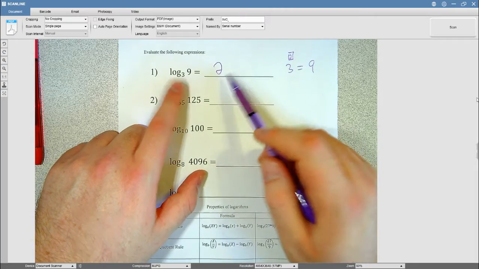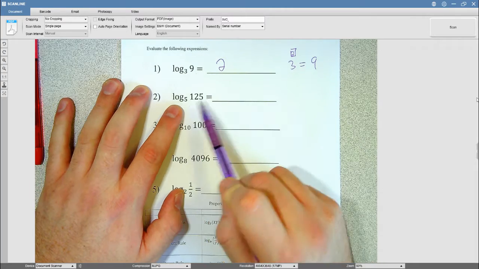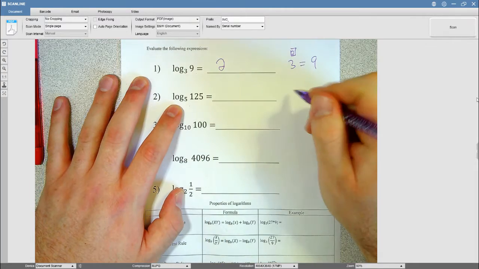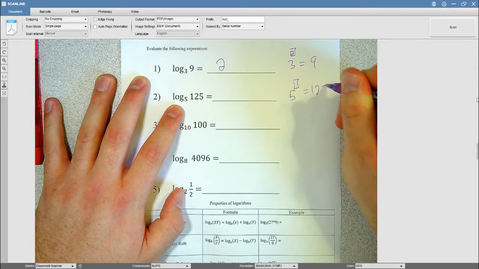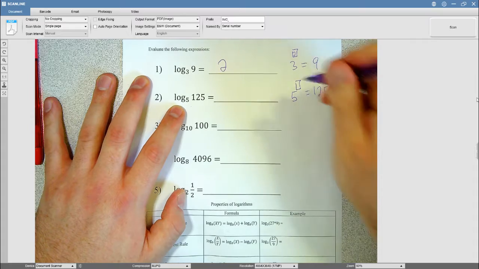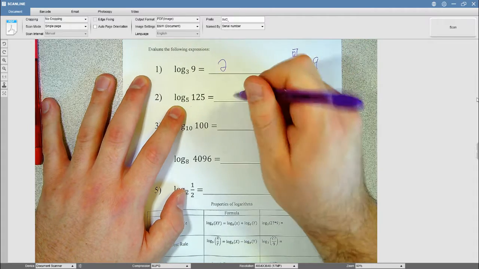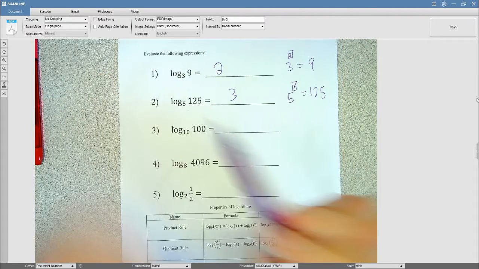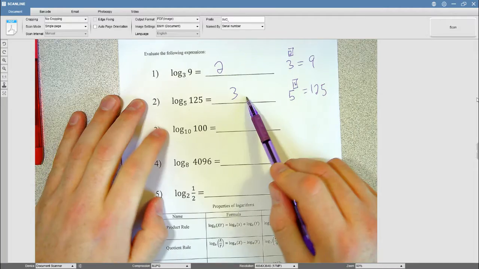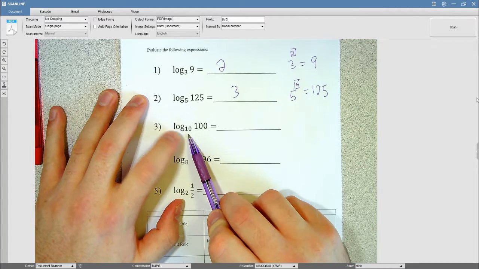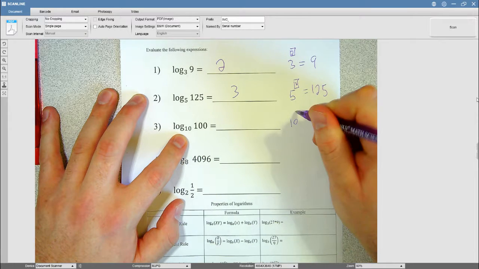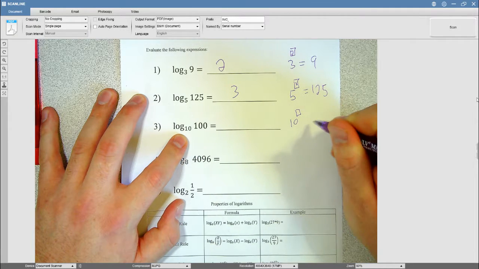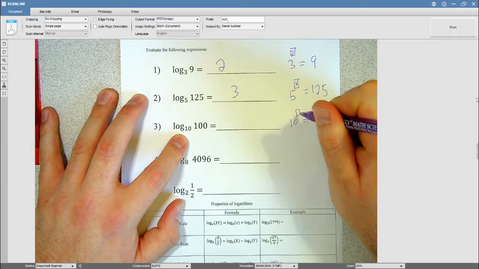The answer is 2. How about log base 5 of 125? What power do I need to raise 5 to make it 125? Well, in this case it's 3. So log base 5 of 125 is 3. What about log base 10 of 100? Again, what power do I need to raise 10 to make it 100?